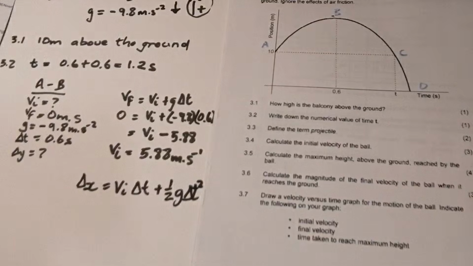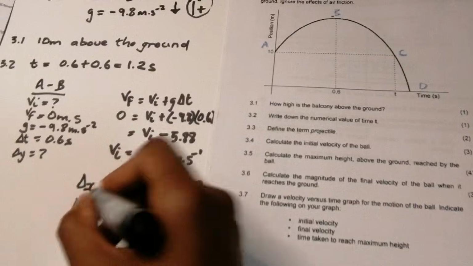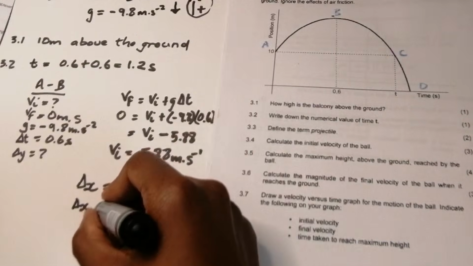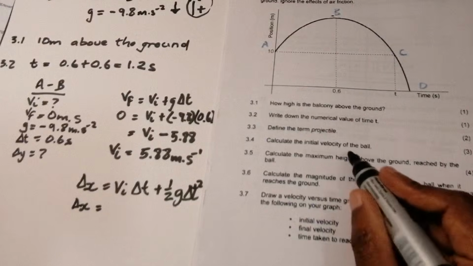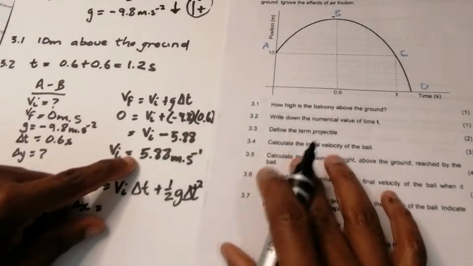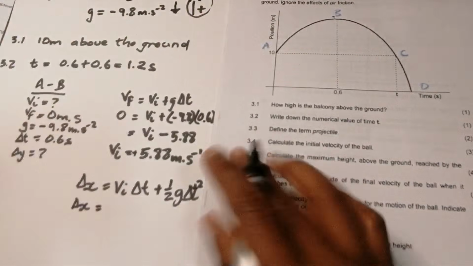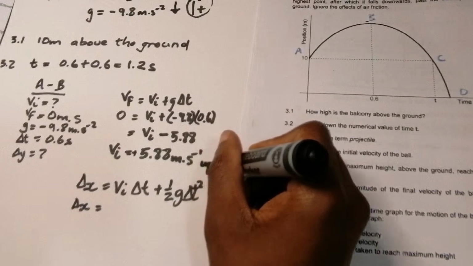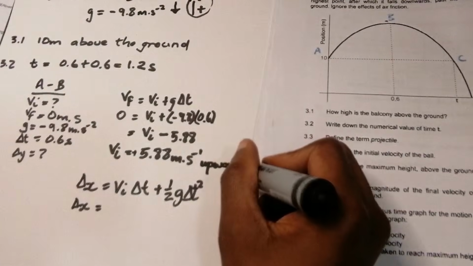You could have also chosen the second equation. Between A and B, what's my initial velocity? We got this value to be positive, and we took upwards as positive, so that means it's 5.88 meters upwards.